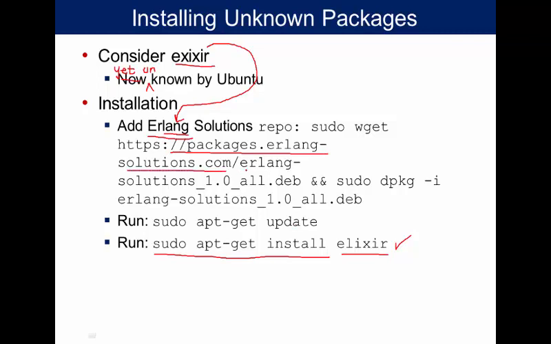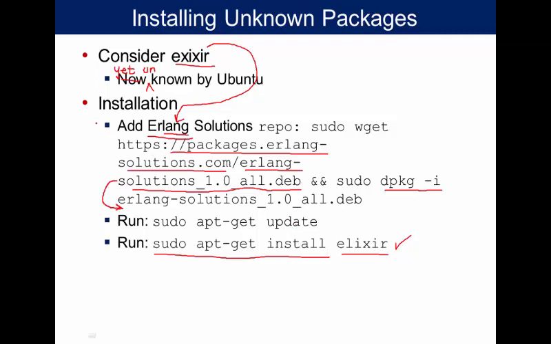And then for the subdirectory, erlang-solutions_1.0_all.deb, and the two ampersands, and sudo dpkg -i is all the same, and erlang.